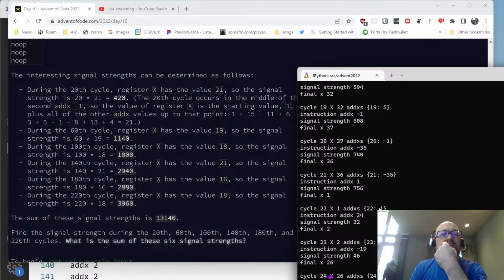During the 20th cycle, register X has a value 21, so the signal strength is 20 times 21 equals 420.